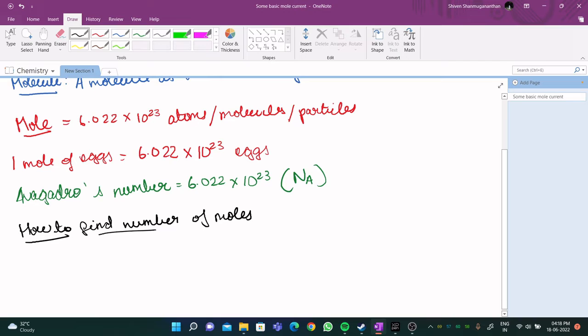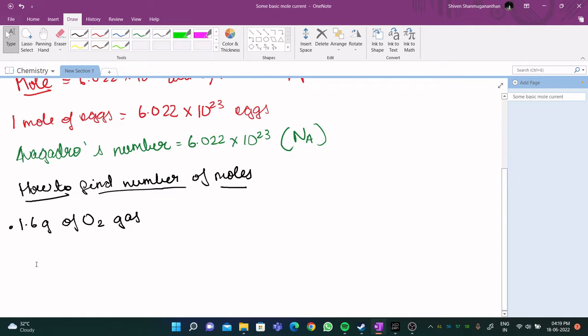All right. If they've given the mass, for example, they have said 1.6 grams of O2 gas. Now we have to find out the number of moles.